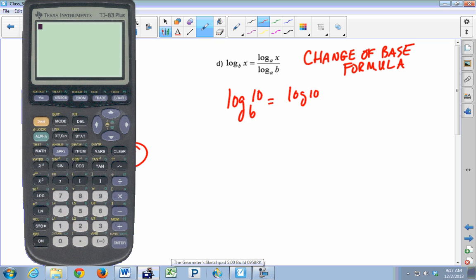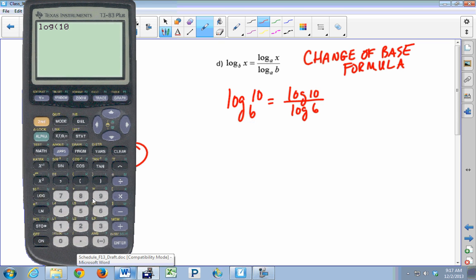Log of 10, notice I didn't put the base in because when I write log, it's understood to be base 10, and log of 6. So if you put that into your calculator, log of 10 divided by log of 6. Oh, I forgot my division.